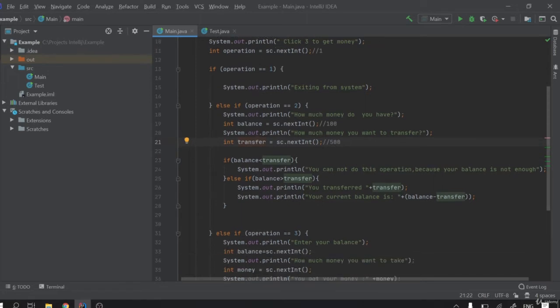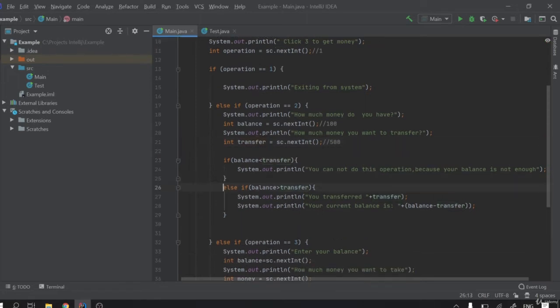And here we will go to test our user. For example, if balance smaller than transfer, we will say you cannot do this. Else if we will do this. Okay?